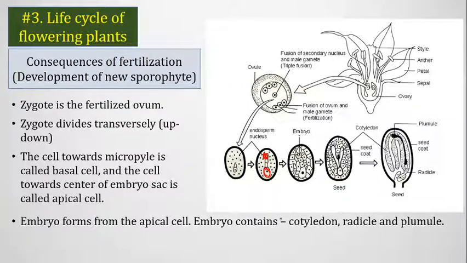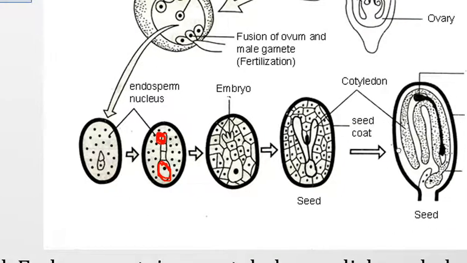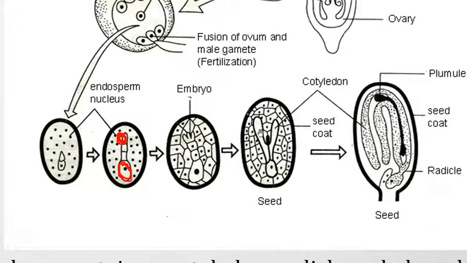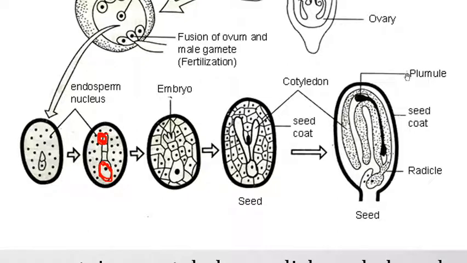We see that the embryo develops into three parts: cotyledon, radicle, and plumule. When the embryo differentiates into different parts, two cotyledons, or leaf-like parts, emerge inside the ovule, and then we also see a part called plumule, which will produce the stem when the seed germinates.